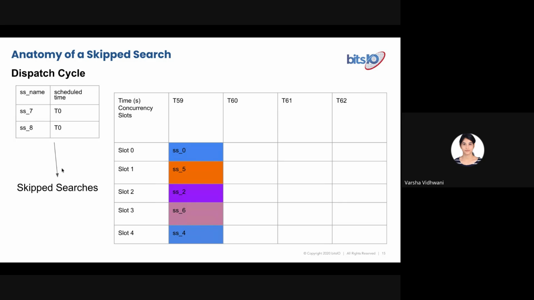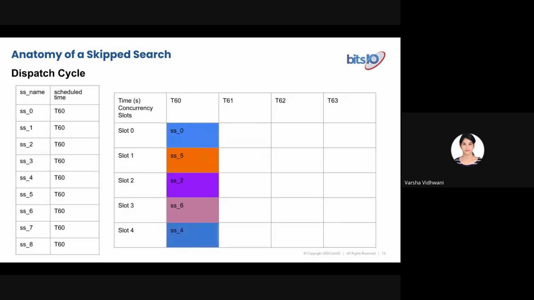These are unfinished searches, and because the scheduled window has passed, they are now considered by Splunk as skipped searches. The Splunk scheduler will move on to the next cycle, and those missed runs will not be executed. So we will not be executing SS7 and SS8 in the next minute; it will be restarted.